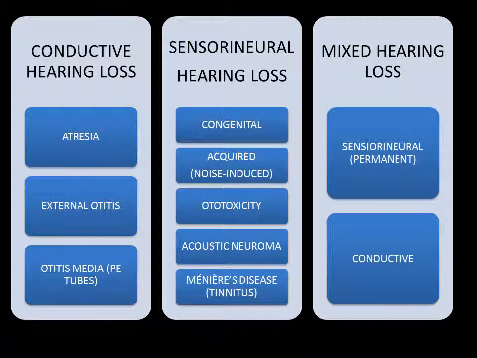But the most common cause of conductive hearing loss is what we know as ear infections, or otitis media. Otitis media is inflammation and fluid in the middle ear. If you remember, we talked about the eustachian tube equalizing the pressure between the middle ear and the back of the throat.